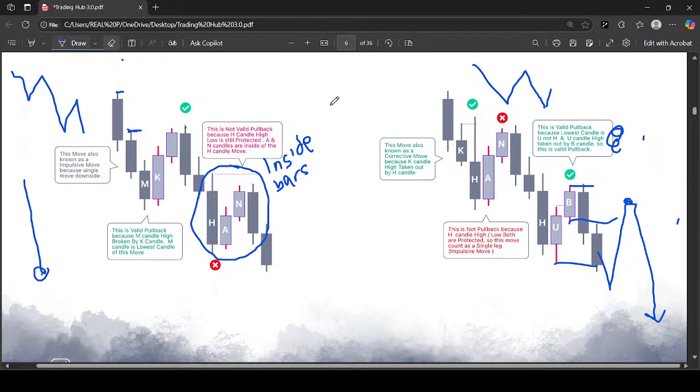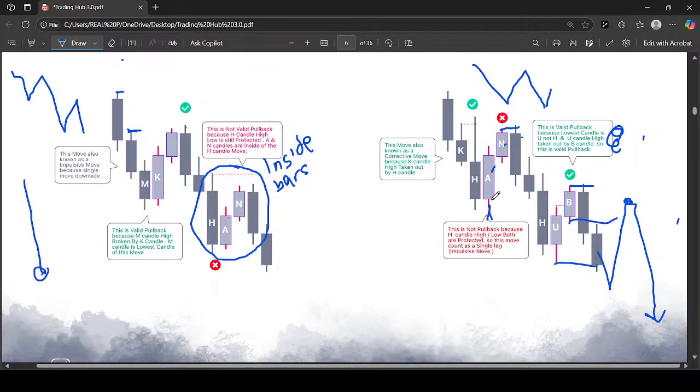You may also want to ask, okay, but look at this candle taking out the high of the N candle. It doesn't matter. Why? Because none of these candles are prominent candles. They are not forming the lowest part of our swing, right? They have no contact with the lowest point of our swing. So any candlestick that forms the lowest point of the swing in a downtrend, and we are dealing with a downtrend now, is our prominent candle.